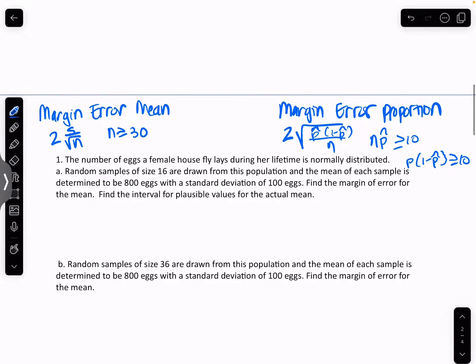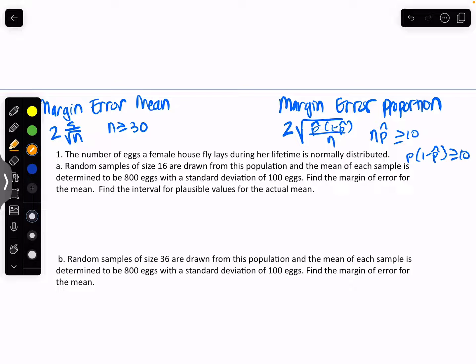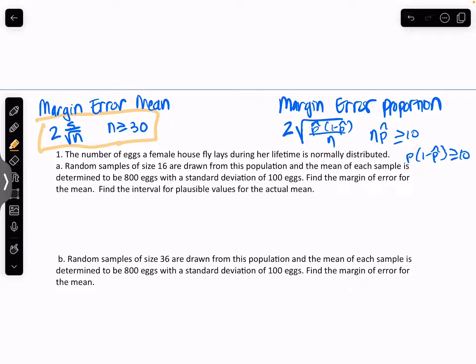But we saw using the central limit theorem that your N has to be at least 30. We have a similar stipulation for the margin of error for proportion. So these are our two formulas that we're going to be utilizing today.